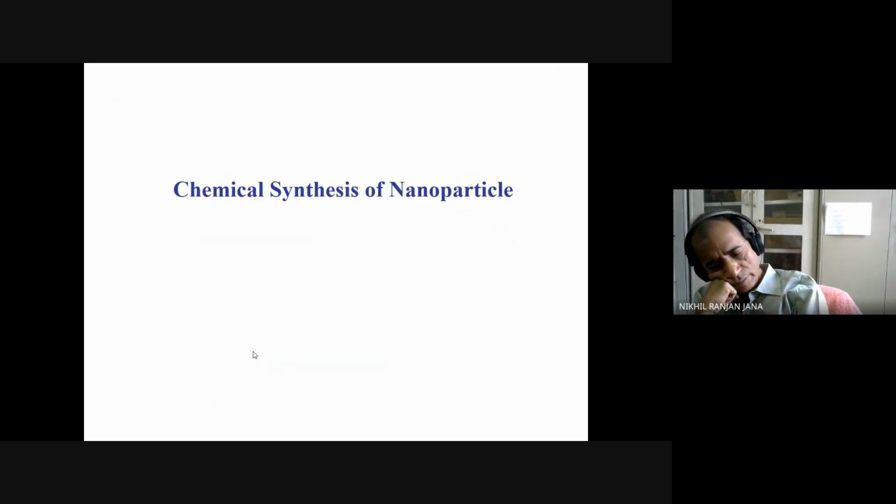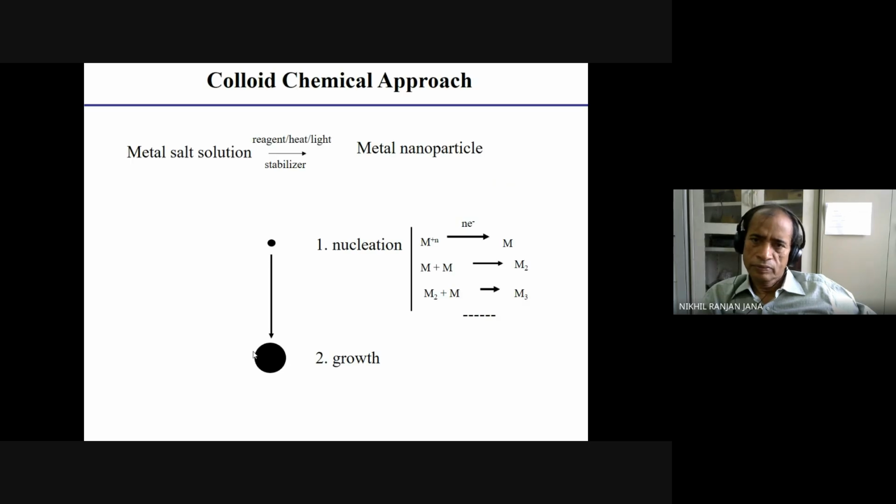Now we will discuss very quickly some of the nanoparticles that we make. Most widely used methods, most well-developed methods. How to control size. For nanoparticles, we have to make particles of defined size, 5 nanometers, 1 nanometer, 10 nanometers, 50 nanometers.